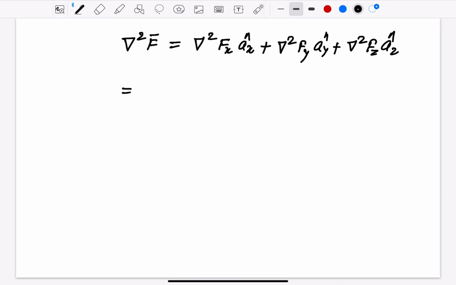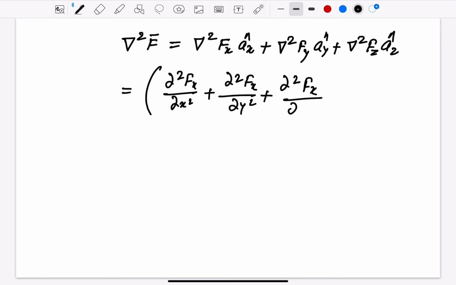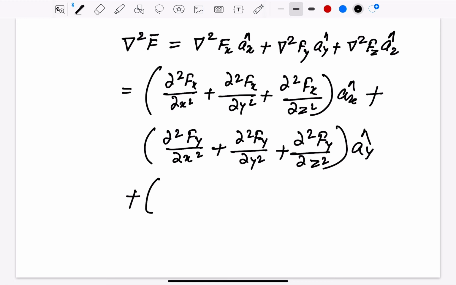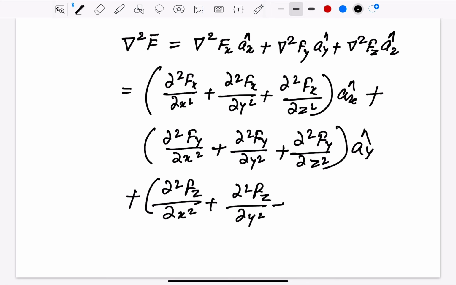We may also expand this, because we are dealing with the del operator: dou square Fx over dou x square plus dou square Fx over dou y square plus dou square Fx over dou z square, times ax cap, plus dou square Fy over dou x square plus dou square Fy over dou y square plus dou square Fy over dou z square, times ay cap, and then the last term, dou square Fz over dou x square plus dou square Fz over dou y square plus dou square Fz over dou z square, which is the z component.